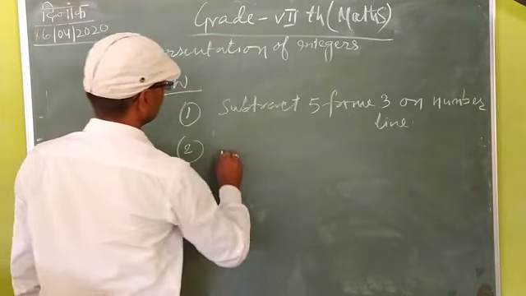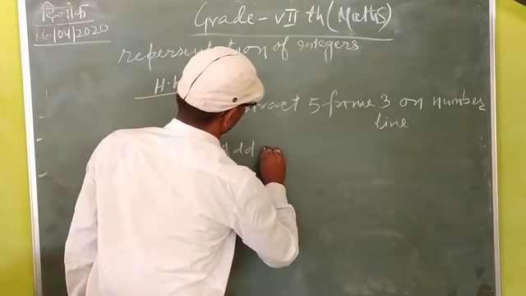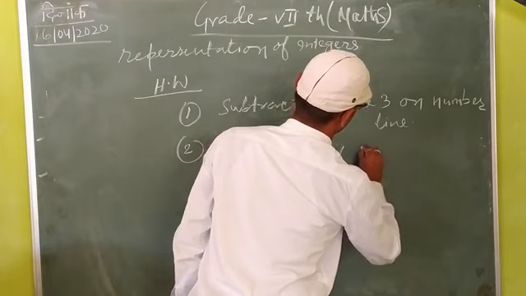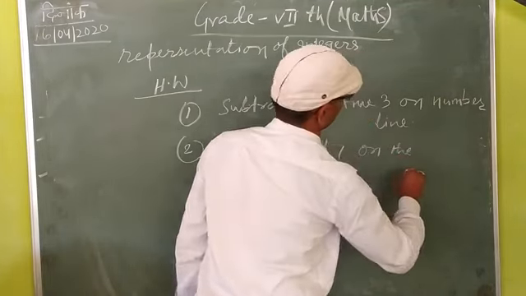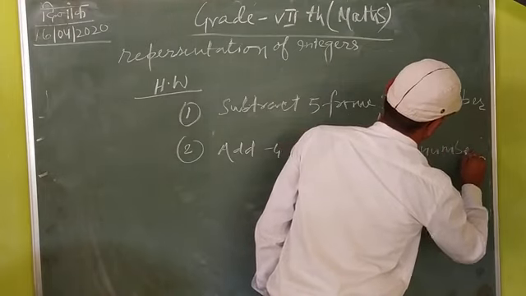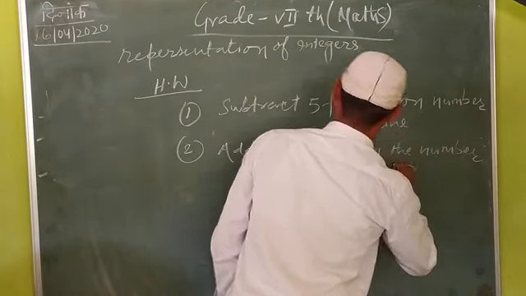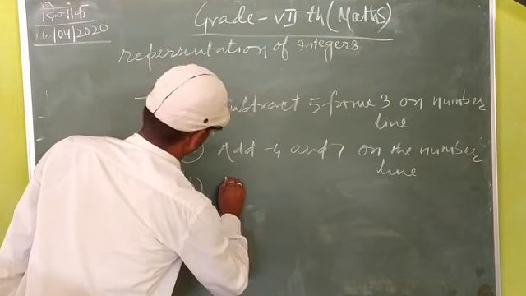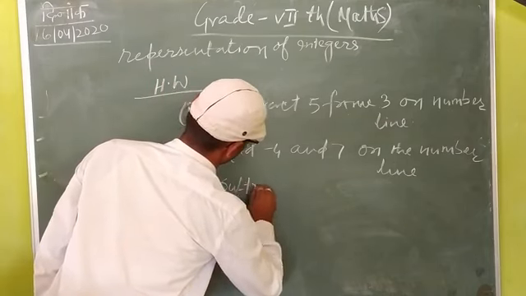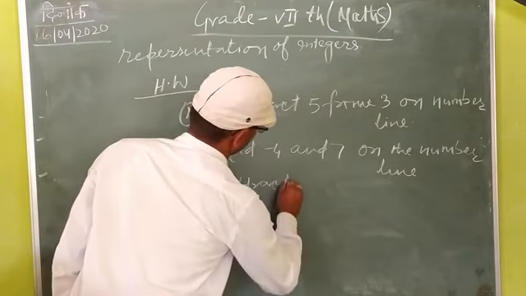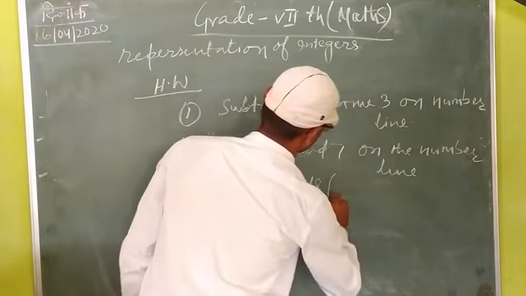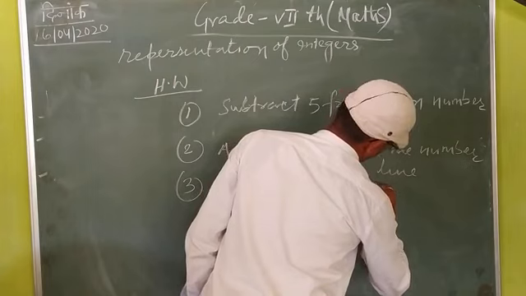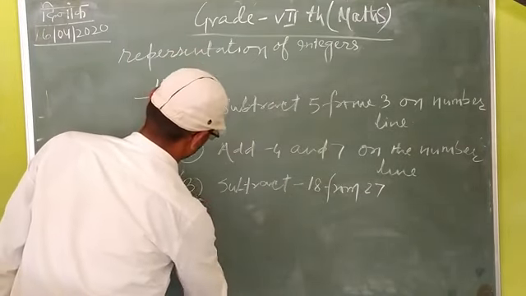Number 2, add -4 and 7 on the number line. Subtract -18 from 27. Solve.